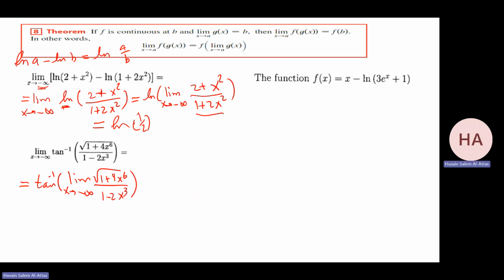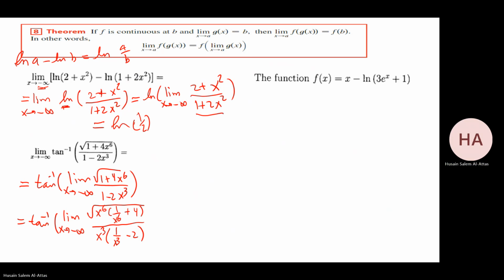Now, to do this limit, I need the trick of taking a common factor to get rid of this absolute value. So I take the limit as x goes to minus infinity of the square root. This one I can take x to the power 6 as common factor: 1 over x to the power 6 plus 4, over, I have x cubed as common factor, 1 over x cubed minus 2.